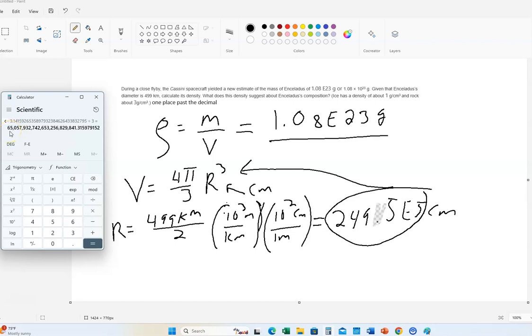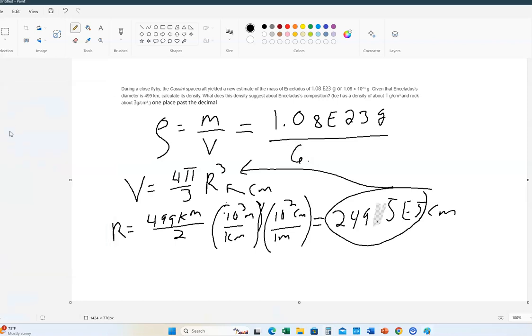So the volume turns out to be roughly 6.5, I'm going to use the unrounded version, times 10 to the 23rd centimeters cubed.